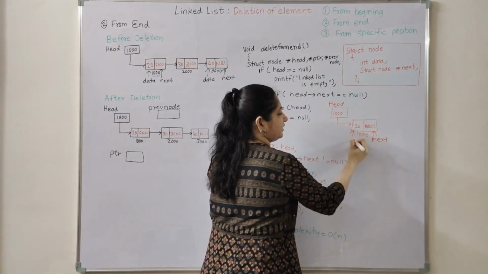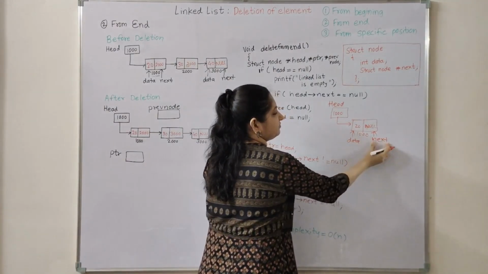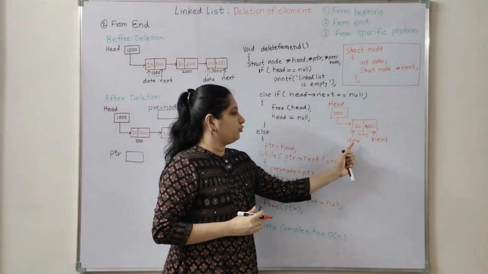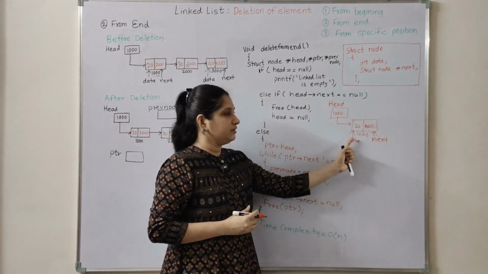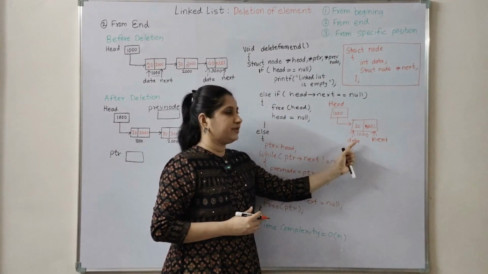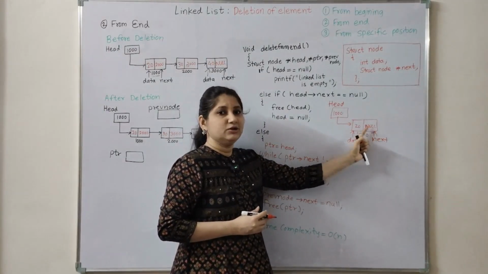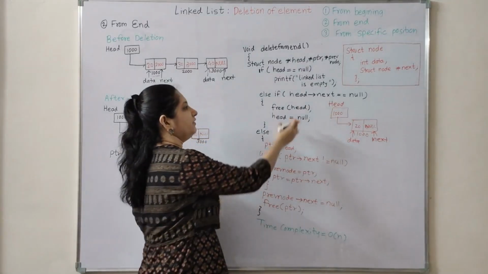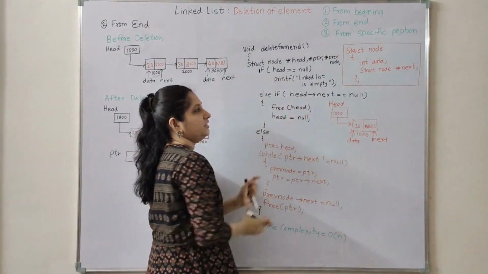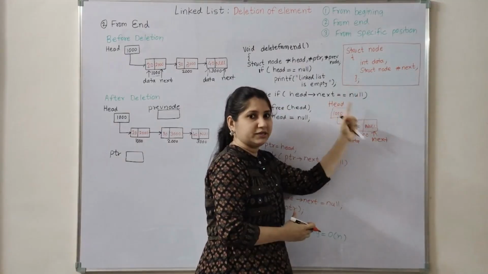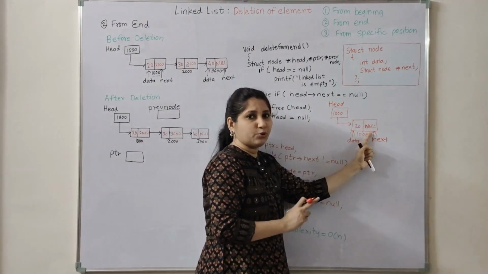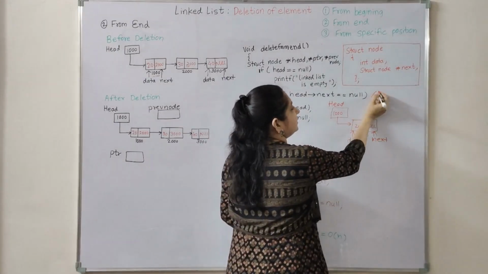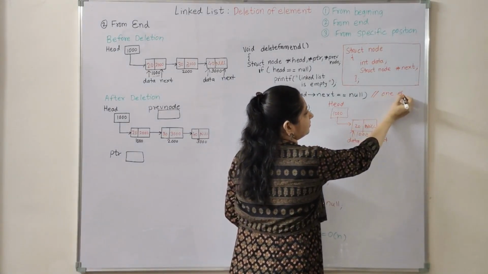So this is our data part and this will be our next part. The value of our head of data will be 20 and the value of our head of next will be null. So we are checking head of next is equal to null. Yes, the condition is true here, because in that case only one element is present.